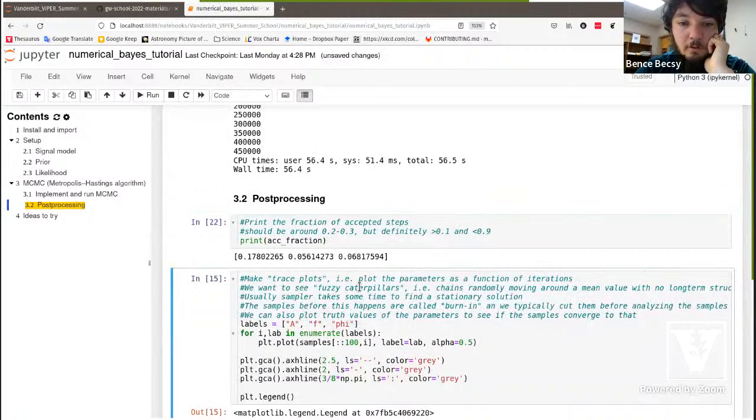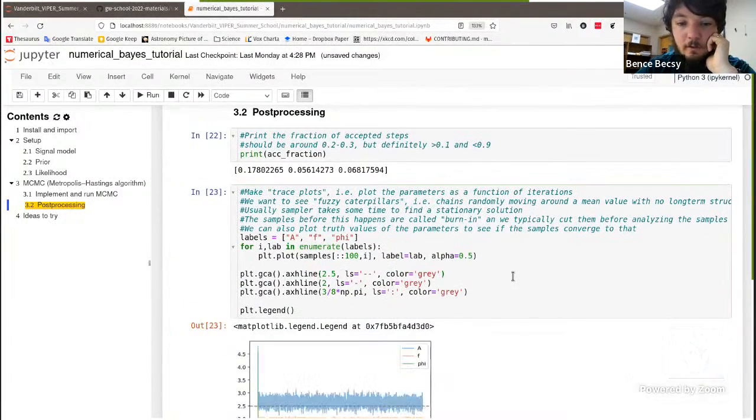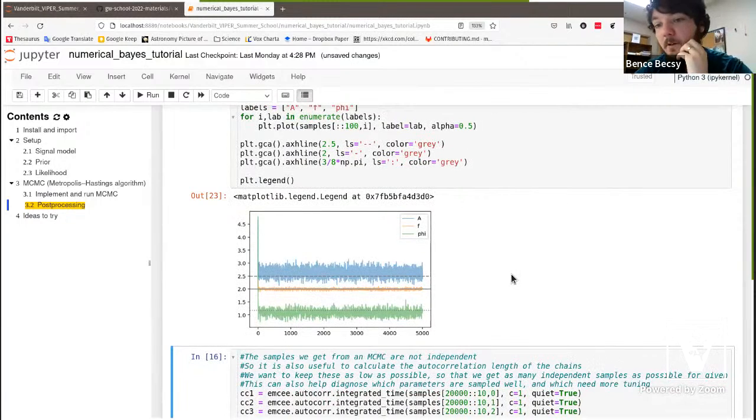help. So increasing jump sizes, the acceptance fraction went down significantly. Let's see. Okay, it found the signal now. So now you can see that the amplitude is right on top of the injected value, frequency, and phase as well. And we have a very short learning period, and then it finds this thing.